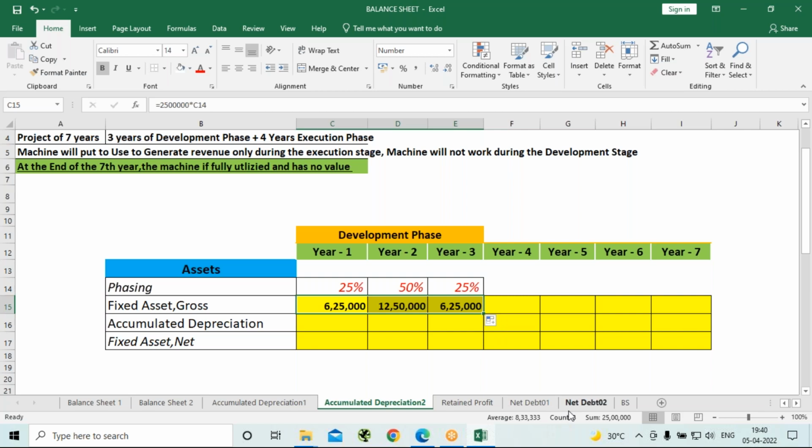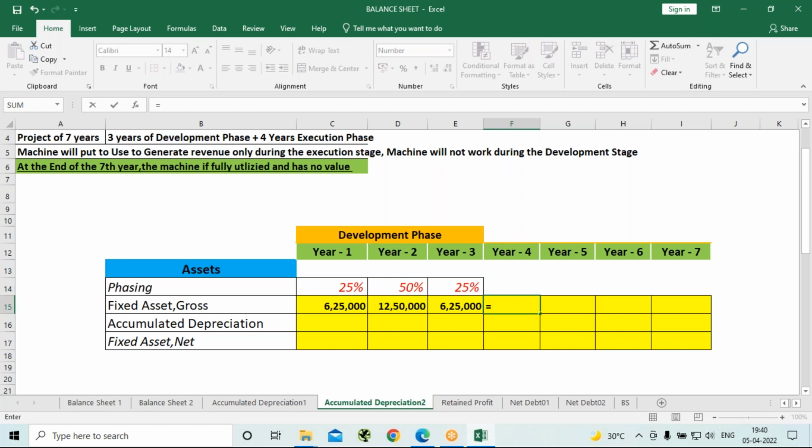Now if you see, by these 3 years, the implementation value of the asset is totally going to come out to 25 lakhs. So for the first 3 years, it is going to be part by part. Then from the fourth year onwards, the asset value will be equal to the sum of these values.